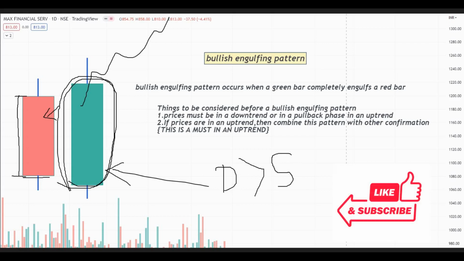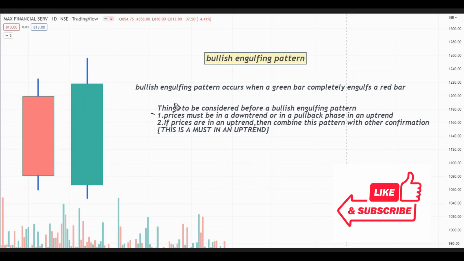Okay, so what are the things to be considered before a bullish engulfing pattern in the markets? See, prices must be in a downtrend or in a pullback phase in an uptrend. Bullish engulfing pattern works best when prices are in a very strong downtrend and then a bullish engulfing pattern occurs.